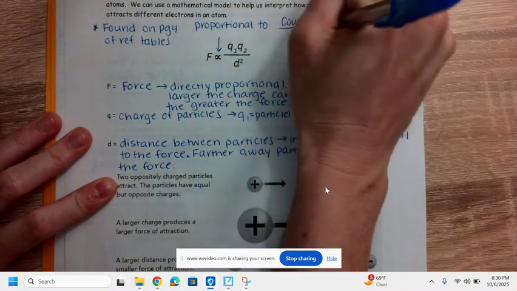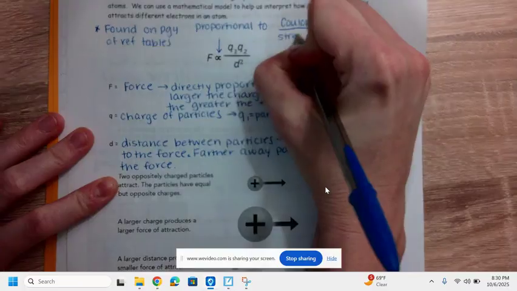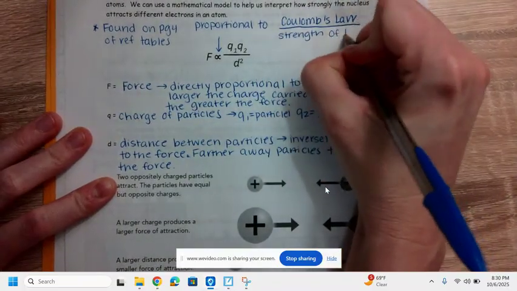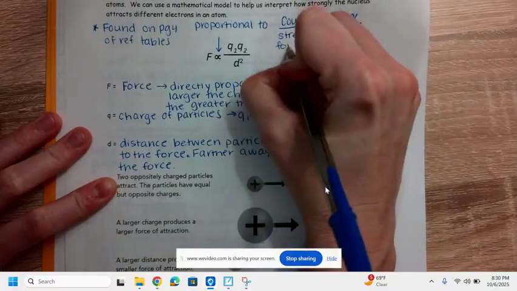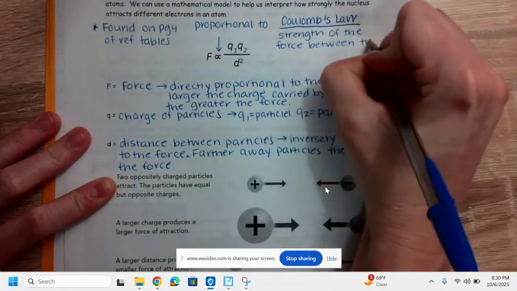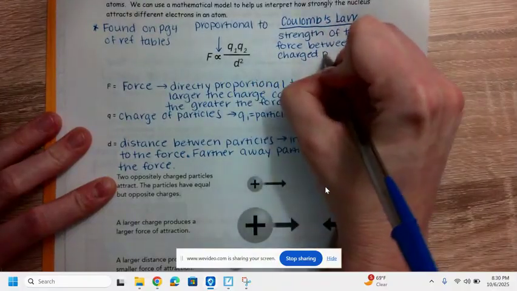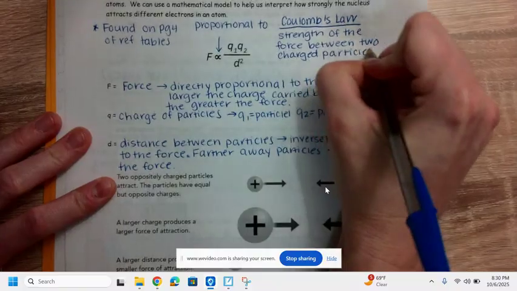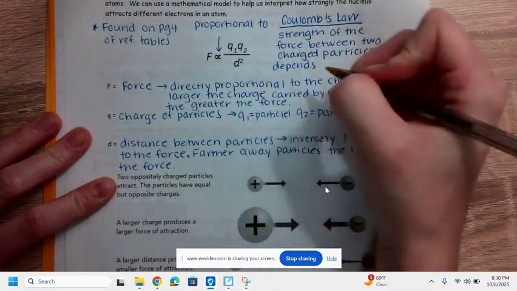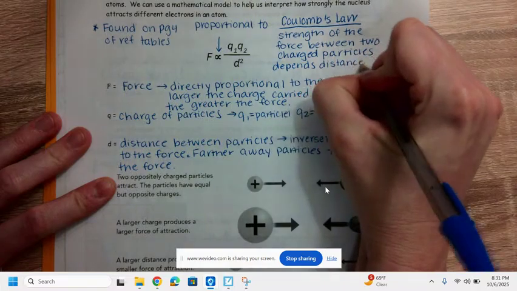So we'll write that right there. Coulomb's law gives you the strength of the force between two charged particles and how it depends on the distance between those particles and the total charge of those particles.